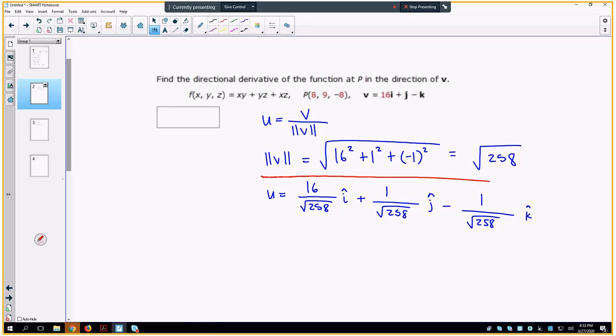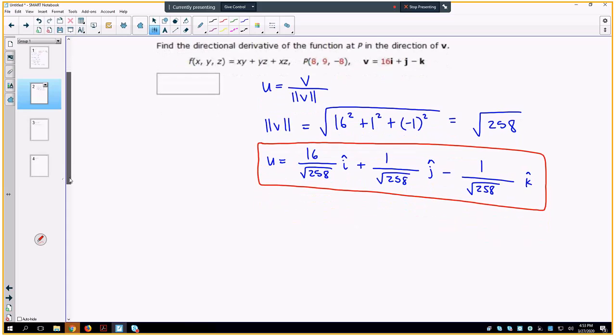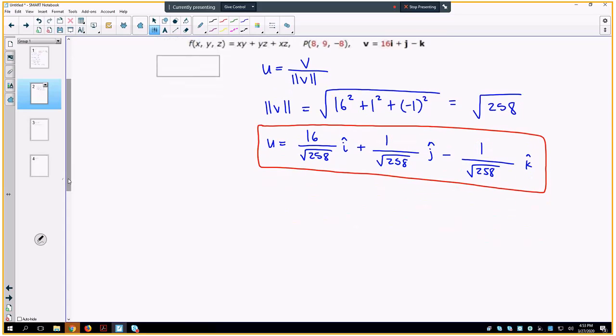We needed a unit vector. And we know we're going to find the gradient and then dot them. So our function is xy plus yz plus xz. So we want to find the gradient. That means we need the partial derivatives. The partial of f with respect to x.